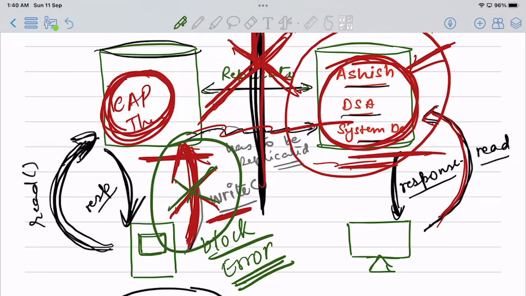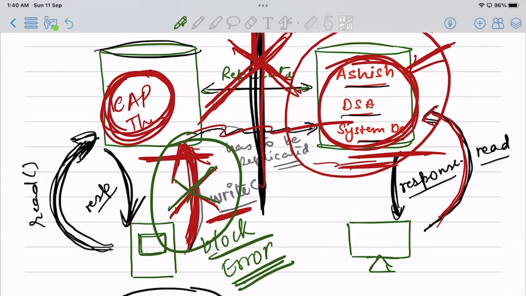But the system should not be unavailable. I am able to post, and few of my friends, those who are seeing from that particular data store where the picture is already written, can see it, but there might be some people who are not able to see it at that particular time.